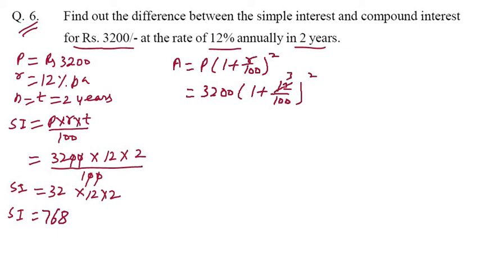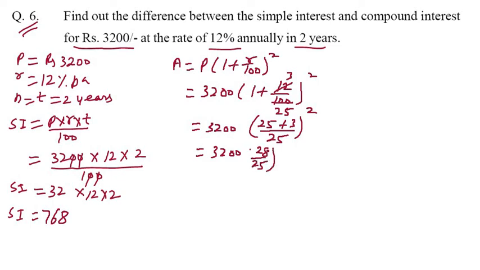So 12 upon 100 is 3 upon 25. Taking the LCM, it is 25 plus 3, and whole power is 2. So that is 3200 into 28 upon 25 whole power 2, that is 3200 into 28 upon 25 into 28 upon 25.